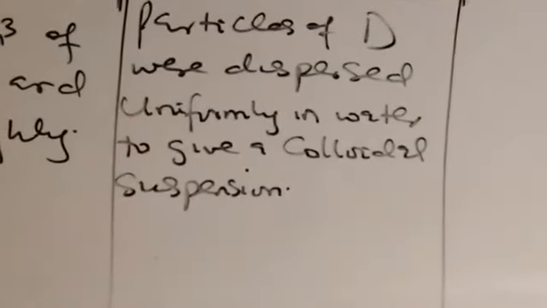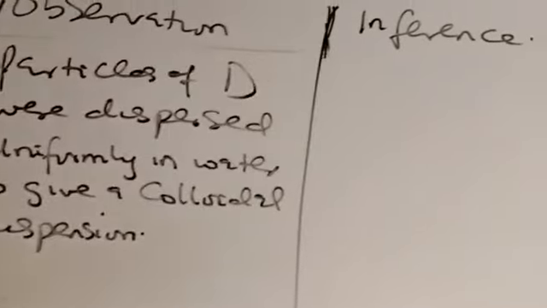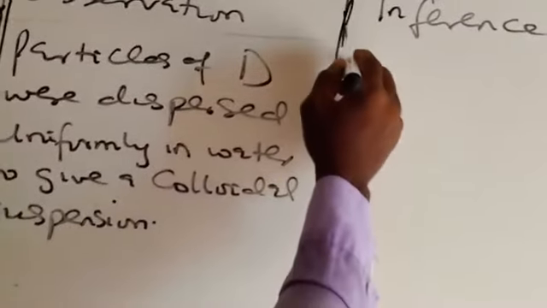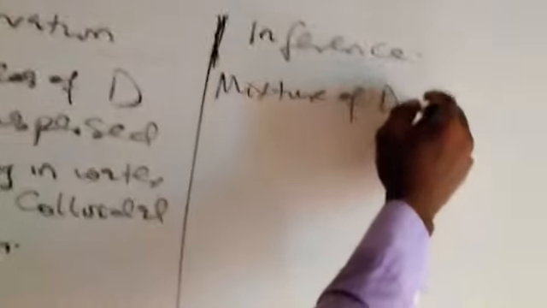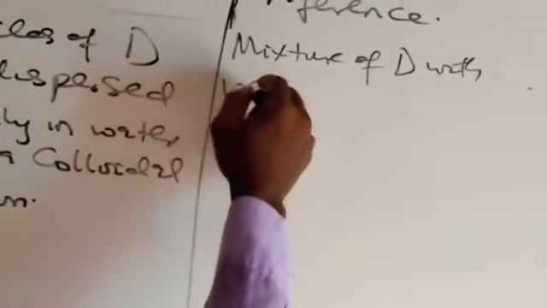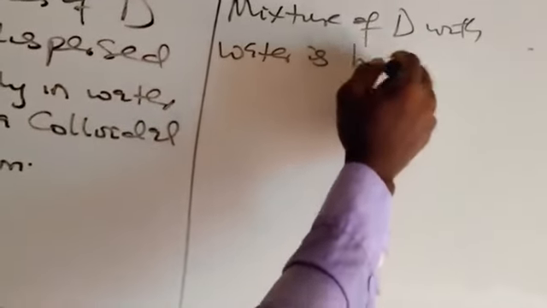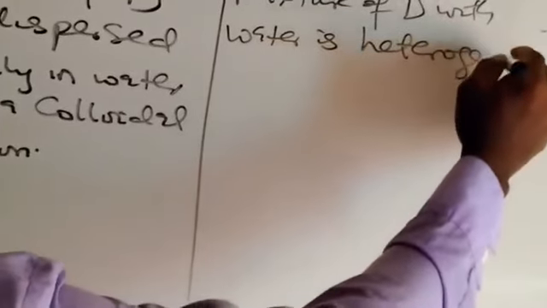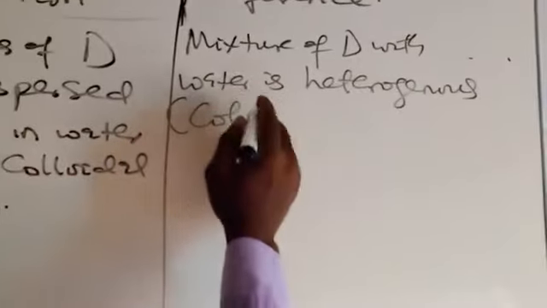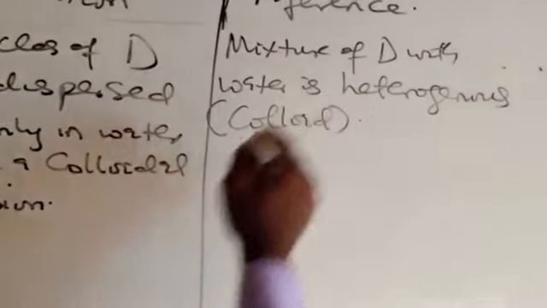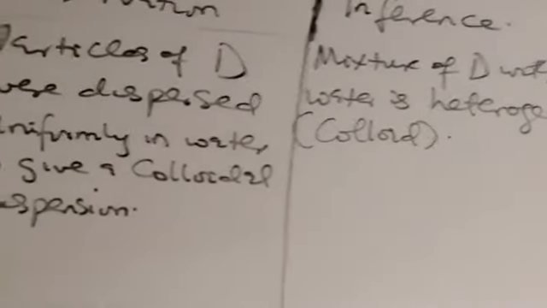Under inference: the mixture of D with water is heterogeneous, or in brackets, a colloid. So that is it.